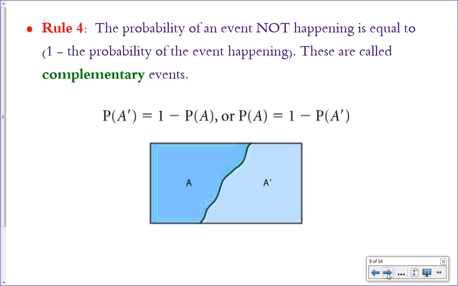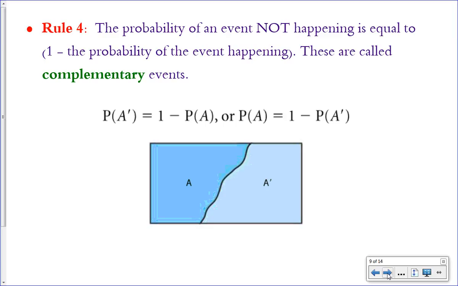Here we have the probability of an event not happening is equal to 1 minus the probability of the event happening. These would be called complementary events, so another vocabulary word. It makes it look super confusing in this sort of strange version of a Venn diagram. I prefer to think about this as, here's circle A, and if something in A doesn't happen, then something in A prime does happen.